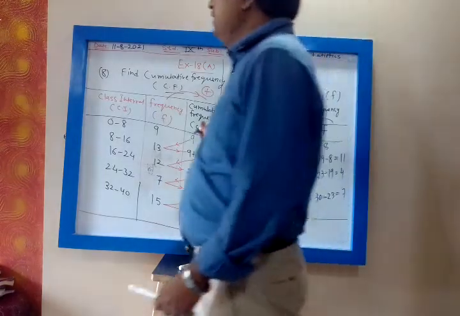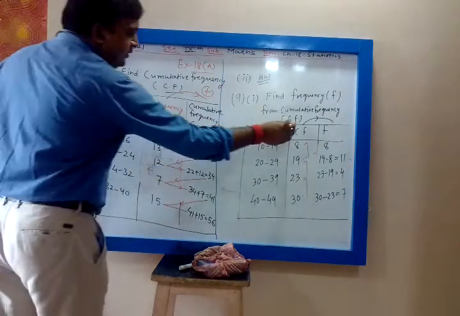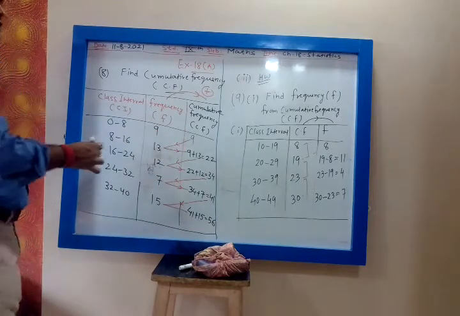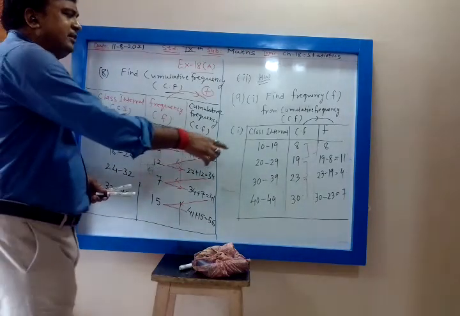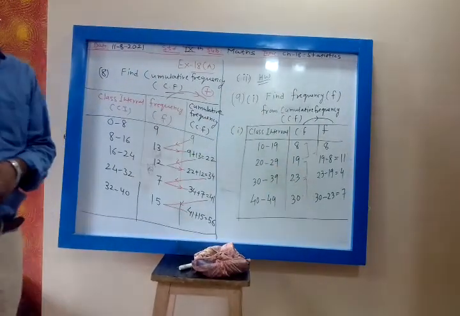So for frequency, don't go in this order. For frequency, we go in this order. Subtract. For CF, we go in this zigzag way. For frequency, we go in the vertical order. Subtract. Take the difference of these two.